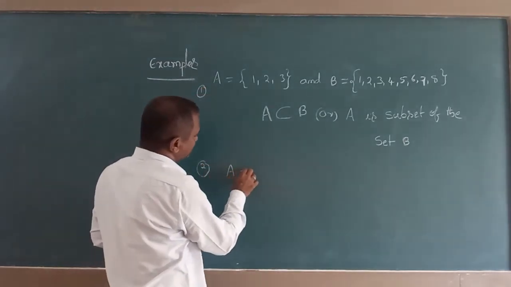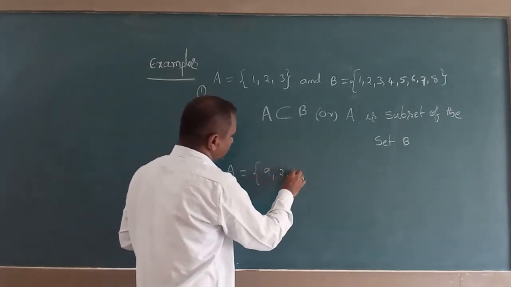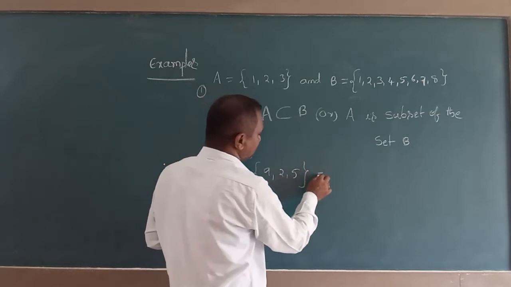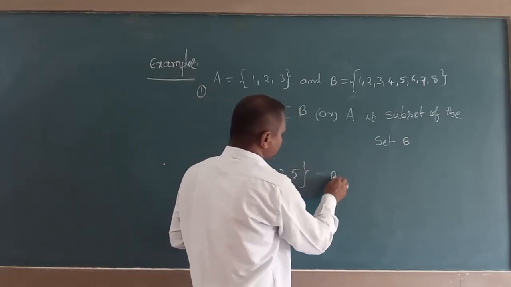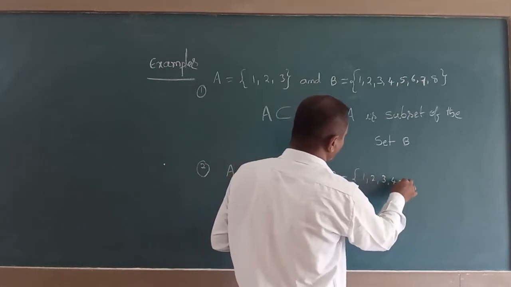A is equal to 9, 2, 5, something like that. And B is equal to, here you can take some elements: 1, 2, 3, 4, 5.